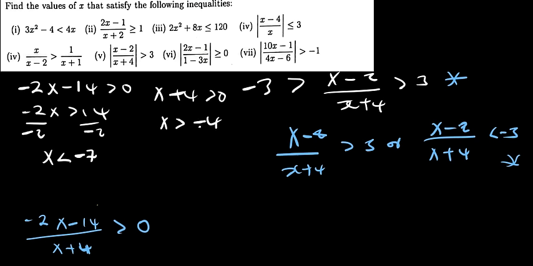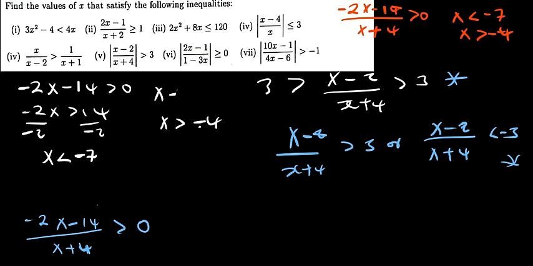I have two critical points. But I should not get rid of this part because I need it. So I can write here: negative 2x minus 14 divided by x plus 4 greater than 0, and the critical points we have found are x equals negative 7 and x equals negative 4. Okay. Now I can get rid of this.